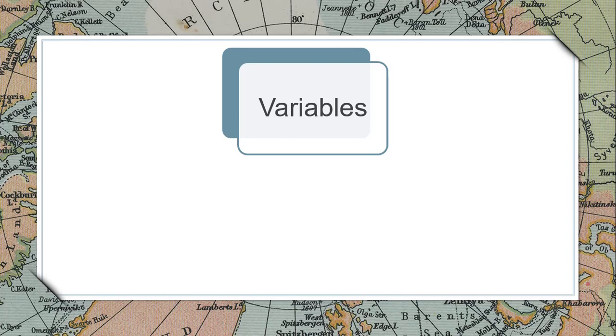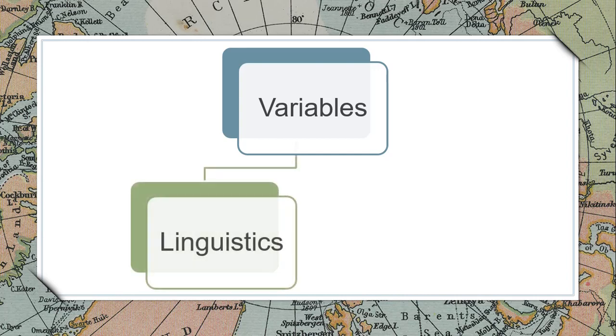In sociolinguistics, we know two kinds of codes. The first one is the linguistic code. The linguistic variables include languages like Japanese, Bahasa Indonesia, English, and whatever language you speak.